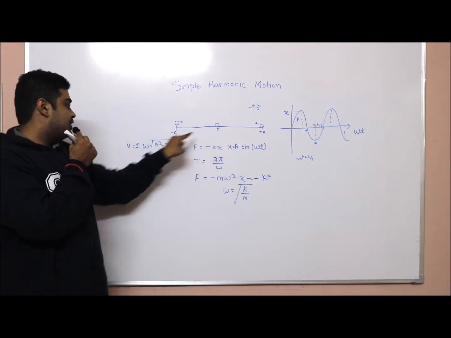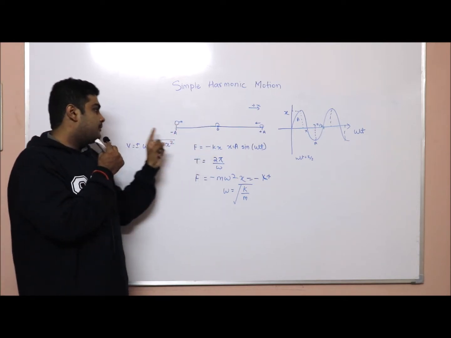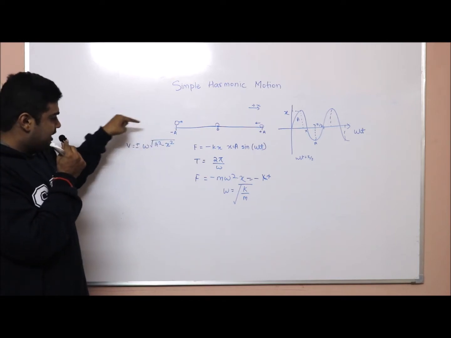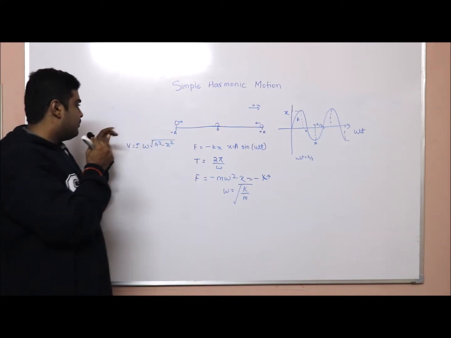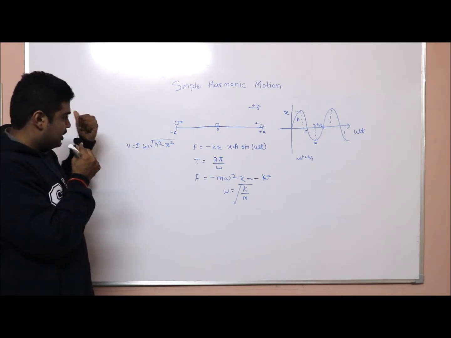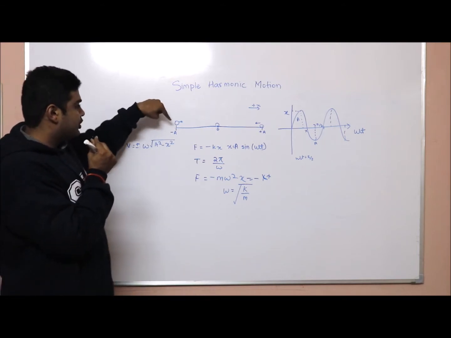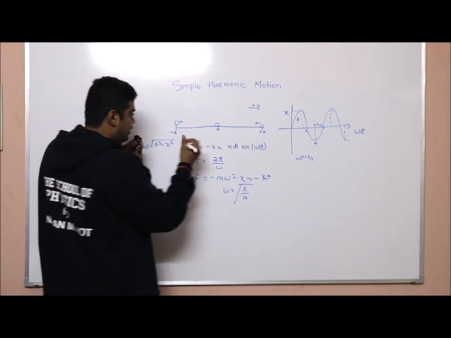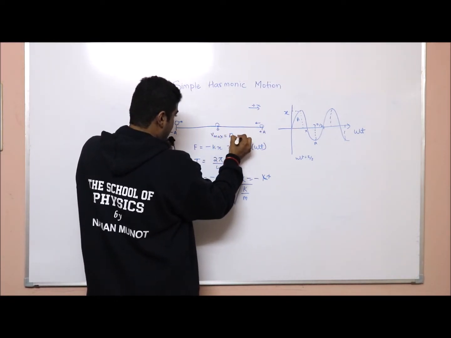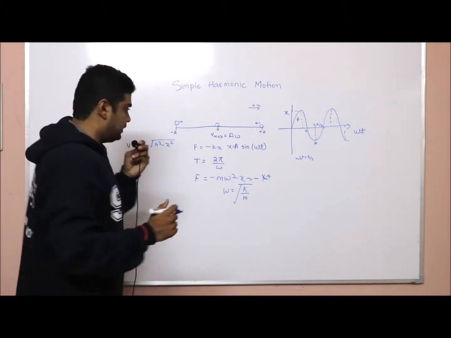When x is equal to 0, the velocity is going to be maximum, Vmax is equal to a omega. When x is equal to minus a, the velocity is again 0. So the maximum velocity comes at the origin, Vmax is equal to a omega.